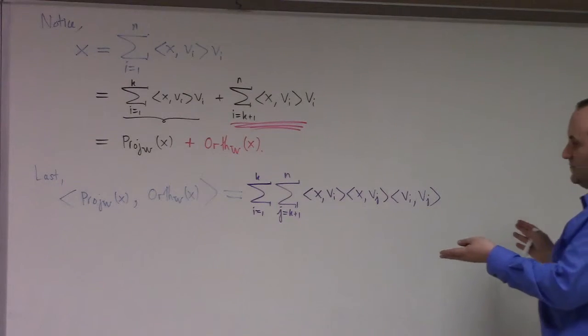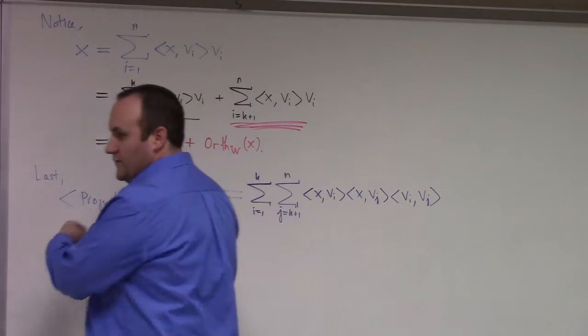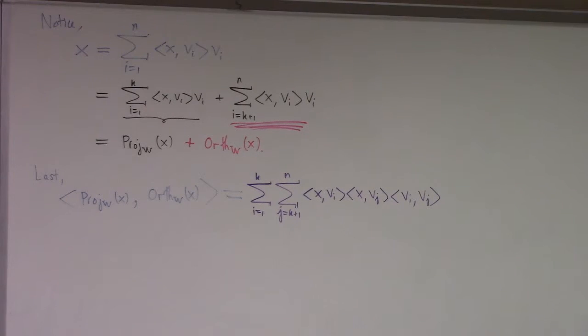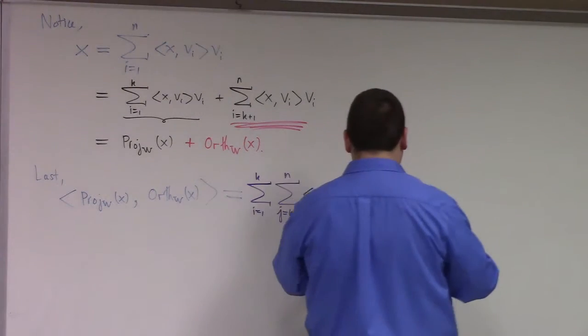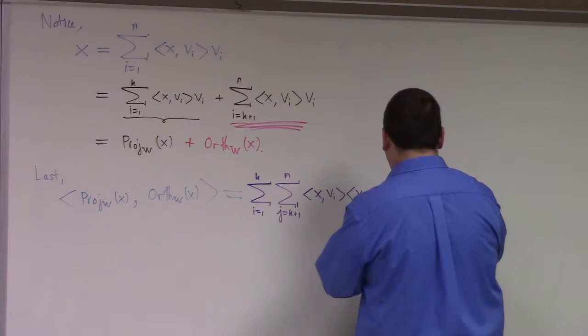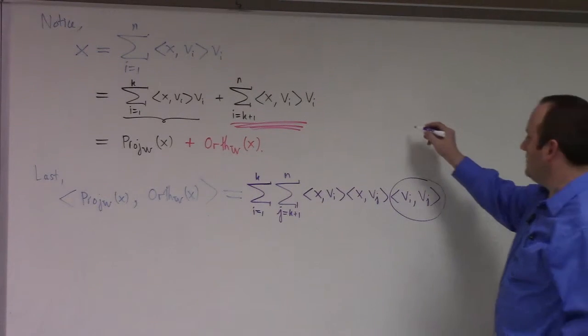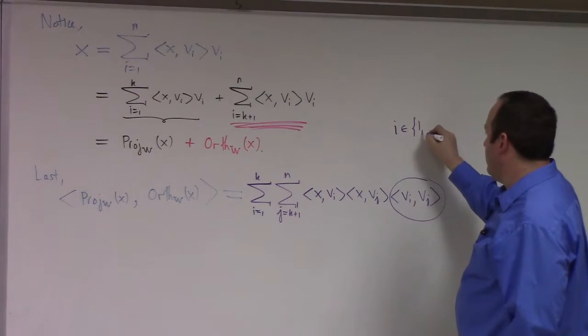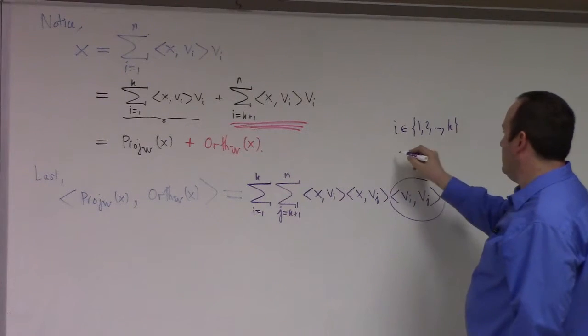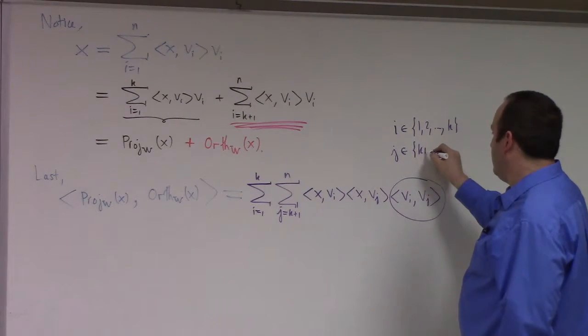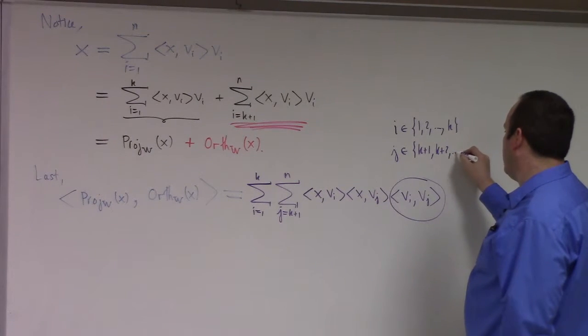So basically, all I'm doing is plugging in the formula for the projection, plugging in the formula for the orthogonal projection. I pull out each sum, and I pull out the constants, the inner product of x with vi and x with vj. These are just numbers. They pull out of the inner product, and you're just left with this. But then focus here on the inner product of vi with vj. What is this? i is an element of 1, 2, up to k, and j is an element of k plus 1, k plus 2, somewhere in here.